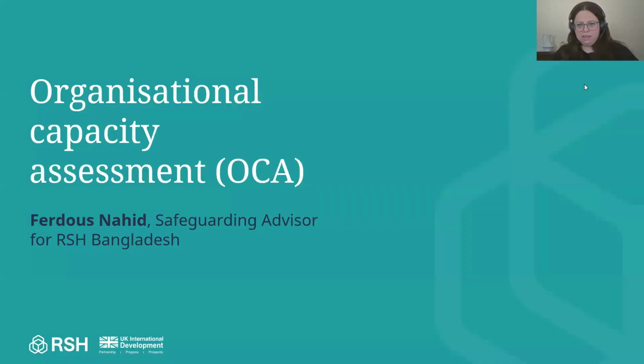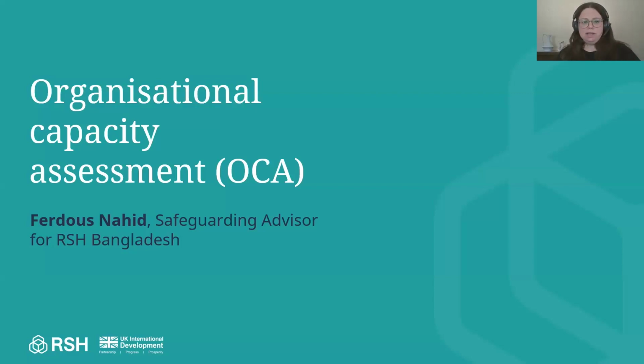Moving to our second speaker, Mr. Firdaus Nahid. He's the safeguarding advisor for RSH in Bangladesh. Mr. Firdaus has been working for the last 14 years on safeguarding, protection, early years development, livelihood programming in development and humanitarian agencies. He has expertise on gender-based violence and harassment in the private sector, and also on protection, organization, and development to address sexual exploitation, abuse, and harassment.